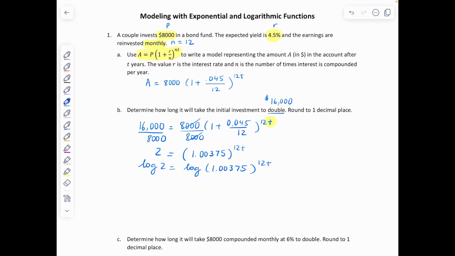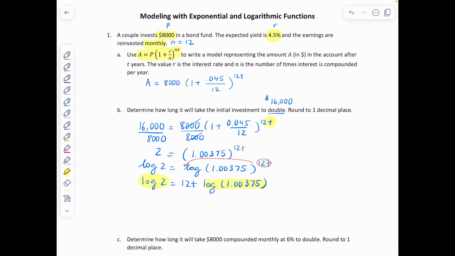Okay, so we have this. Using the power rule, on the right side, we can move this 12t to the front, and that's going to give us 12t times log of 1.00375. Now remember, all these logs here, they are just constants.